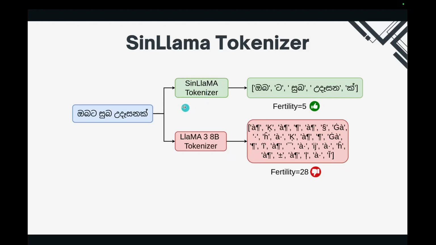But when we use our new tokenizer, which we call the SynLlama tokenizer, we can see it has been tokenized much more efficiently with a fertility rate of 5, and even as humans it is very comprehensible, and we can be sure that the model understands this format much better. This is what we use to pre-train our model, and also during inferencing and everything we do with the SynLlama model, we use this tokenizer.